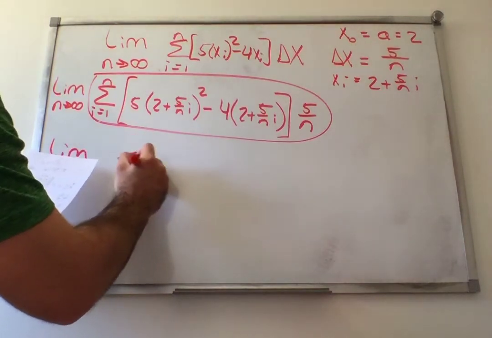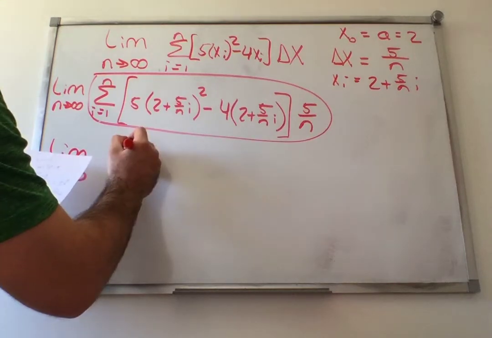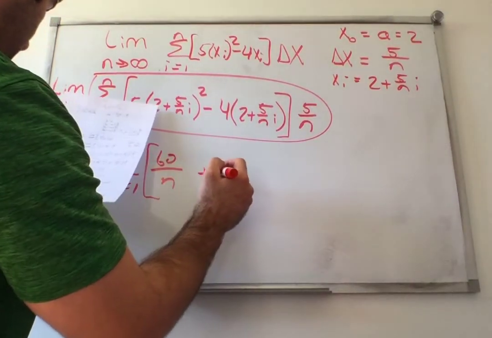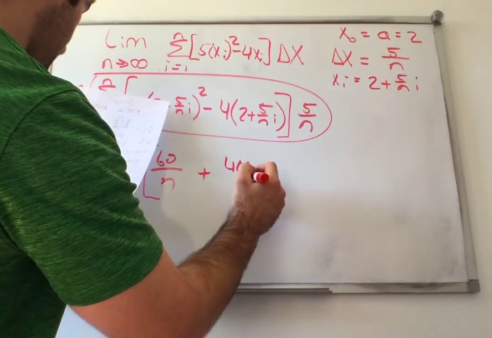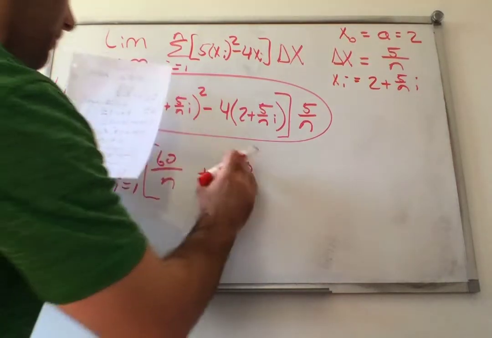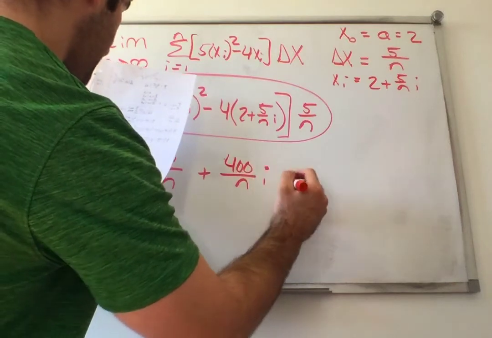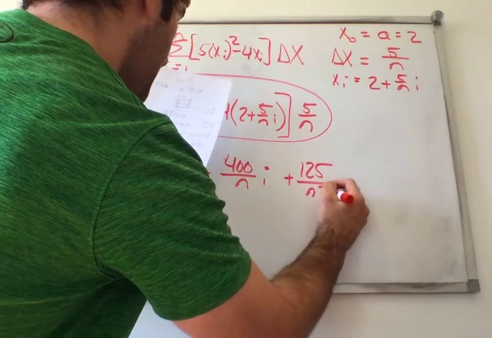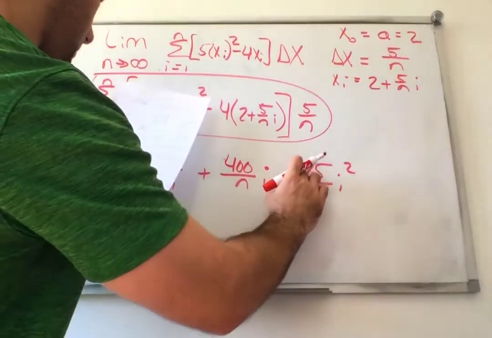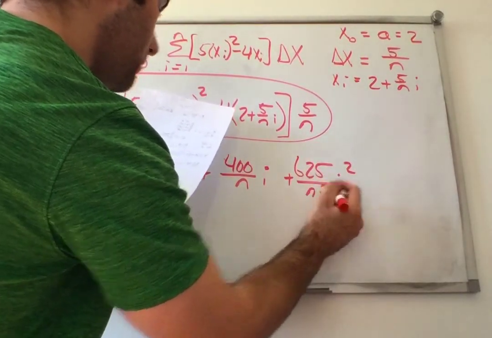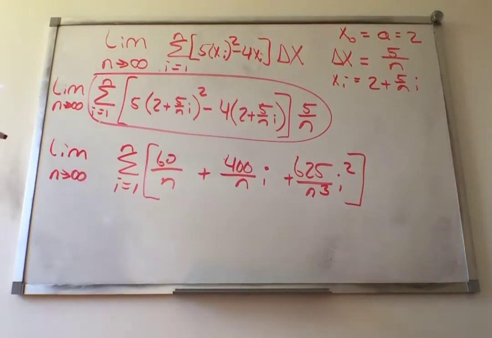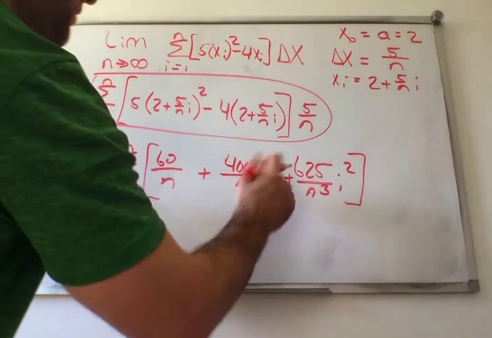But you get the sum of i equals 1 to n of 60 over n plus 400 over n squared i plus 625 over n cubed i squared.